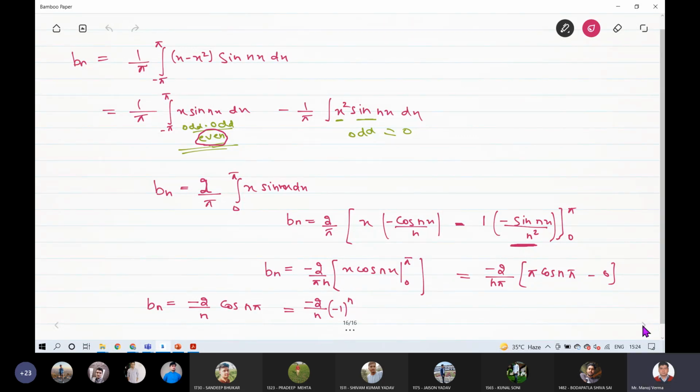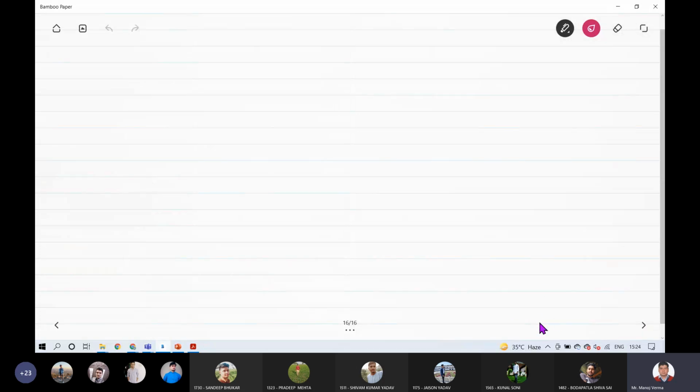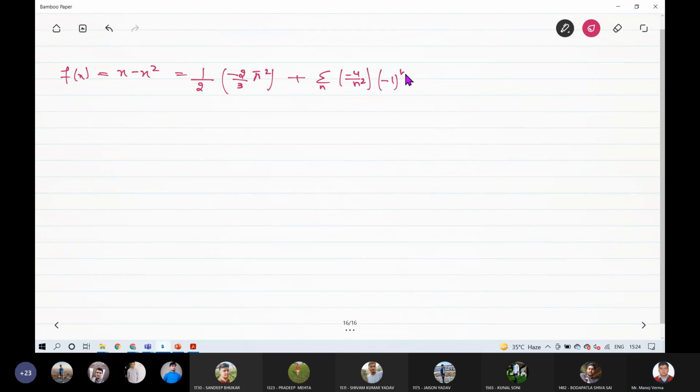Okay, so now I have calculated all my Fourier coefficients, and I can simply insert these Fourier coefficients into my Fourier series expansion. x minus x square is 1 by 2, and the value of a naught was minus 2 by 3 pi square, plus summation n, minus 4 by n square, minus 1 raised to the power n, and of course the cos nx.